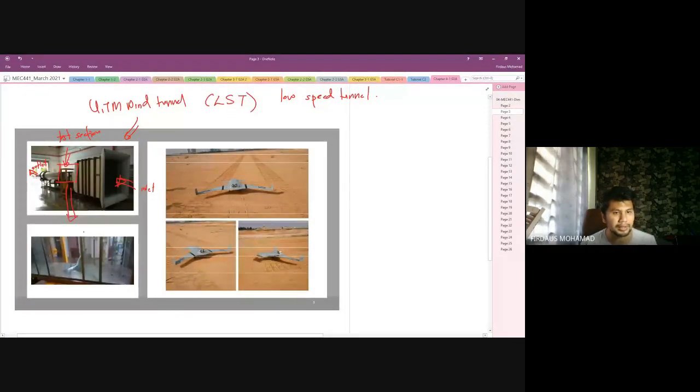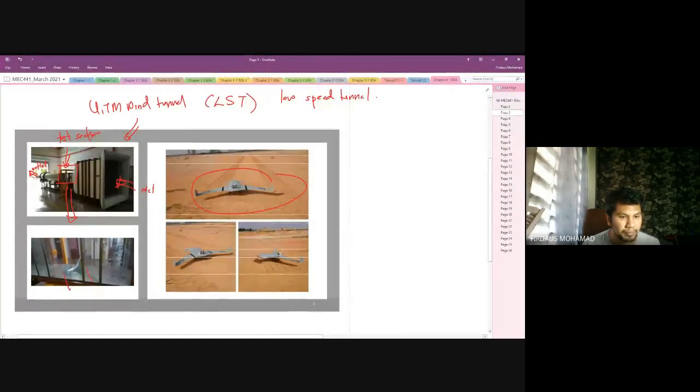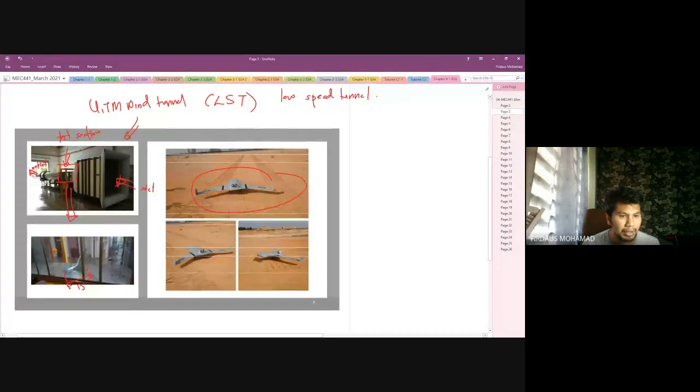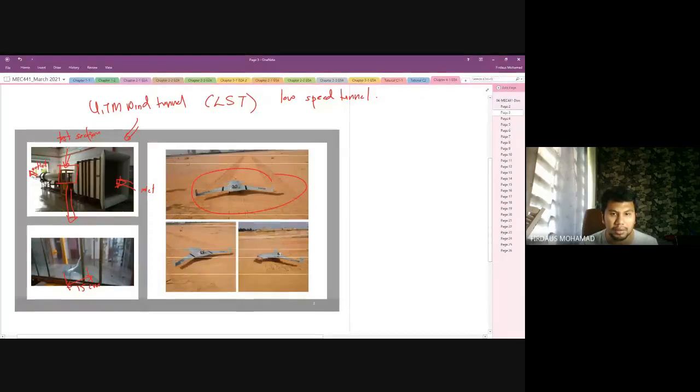Kalau kita tengok dekat sini, zoom in. This is the test section where the airplane, so this is the airplane, this airplane will be tested in this wind tunnel. So can you imagine, it is only saya rasa dalam 15 cm punya length. Tapi dia punya actual 2.4 meter.